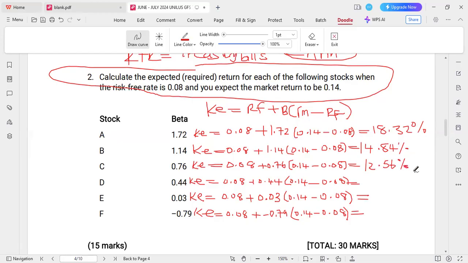Then getting down to the other one, the other one is giving us 10.64%.